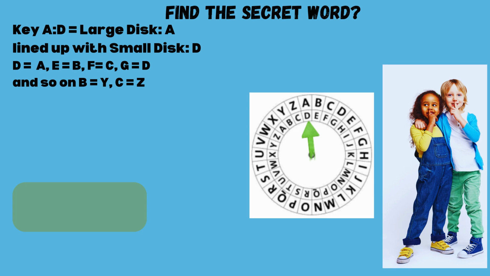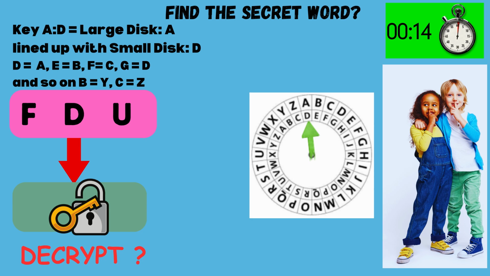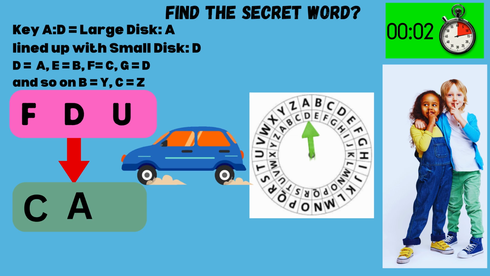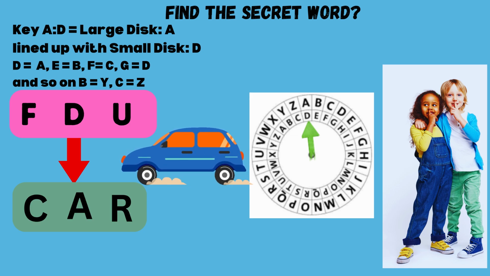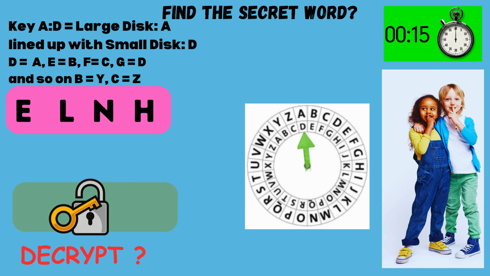Find the secret word. The key is A equals D. The correct answer is car. Find the secret word.